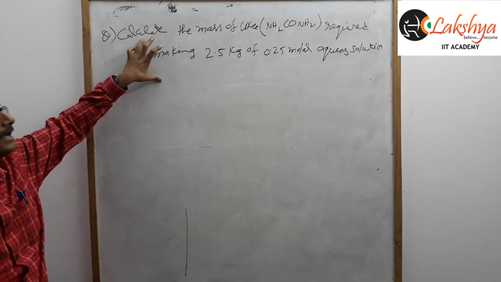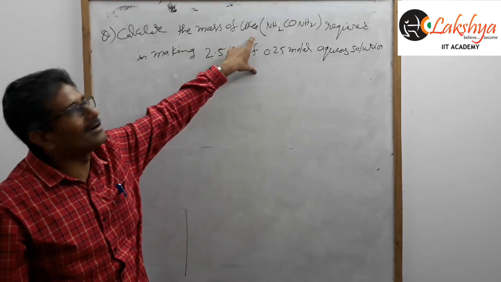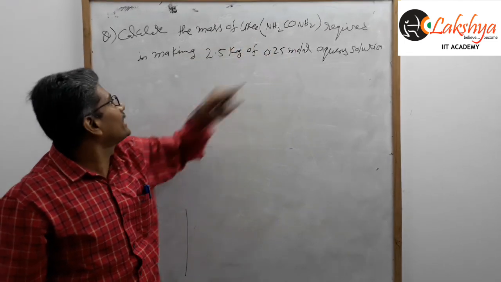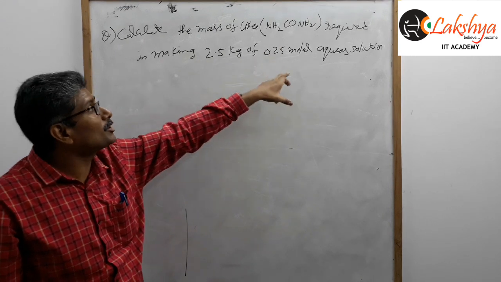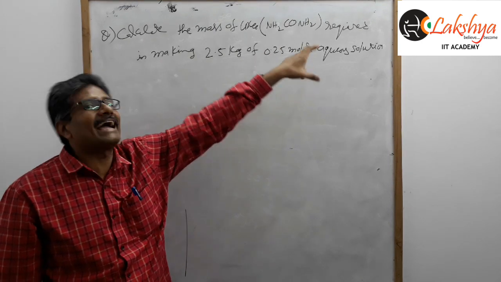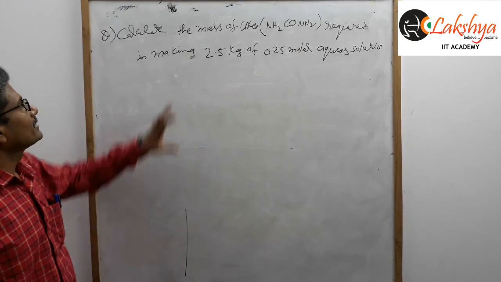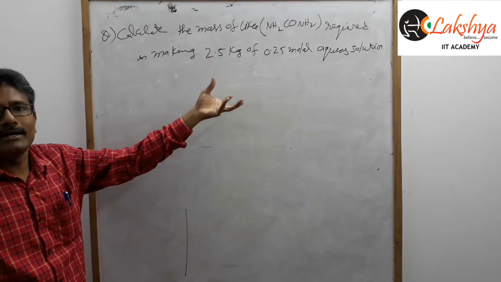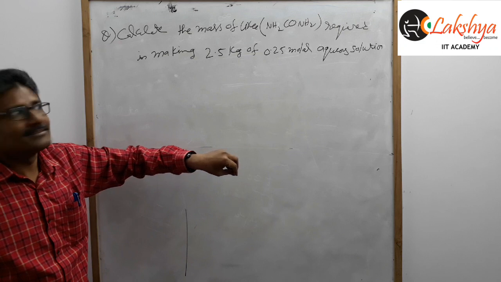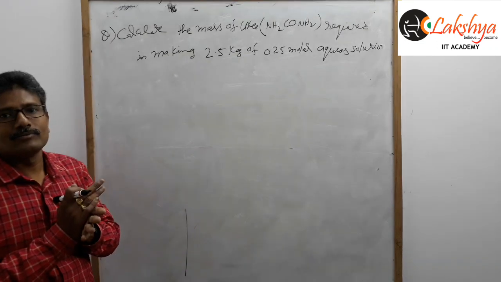Once again, see, calculate the mass of urea required in making 2.5 kg of 0.25 molar aqueous solution. See here the question asked what weight of urea dissolved in a solvent.